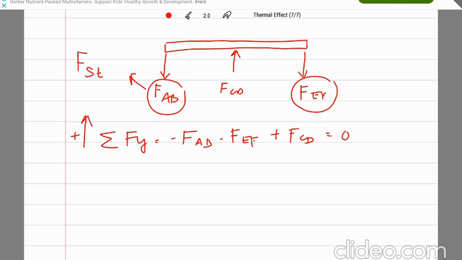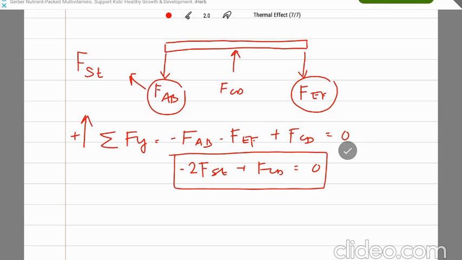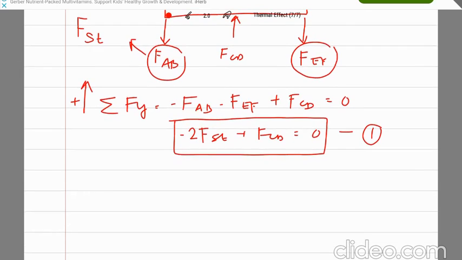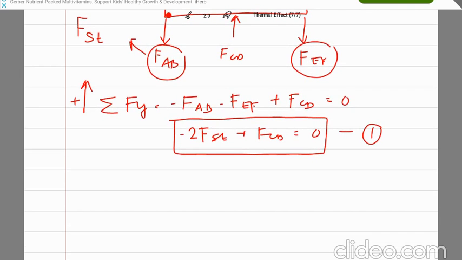So rewrite this equation here. It becomes negative 2 FSD plus FCD equal to 0. So this is our equilibrium equation, our first equation, and obviously we cannot solve for the internal forces using this alone.